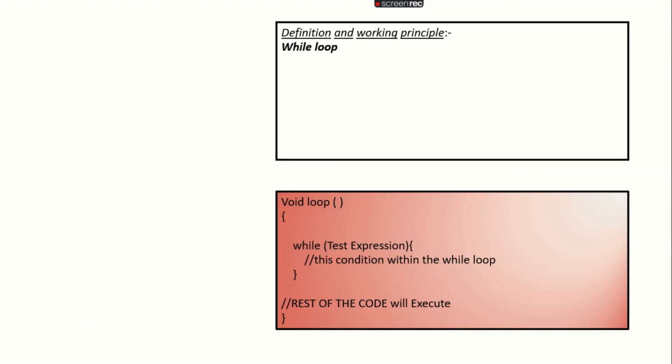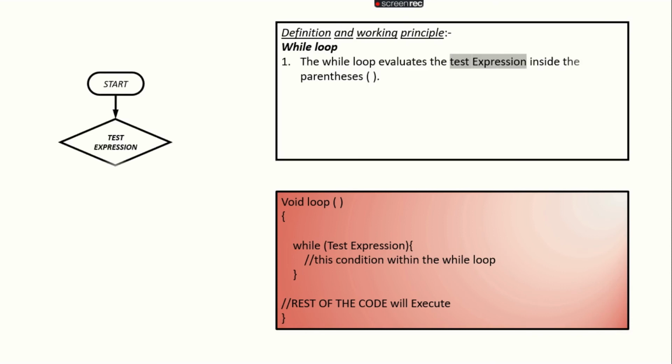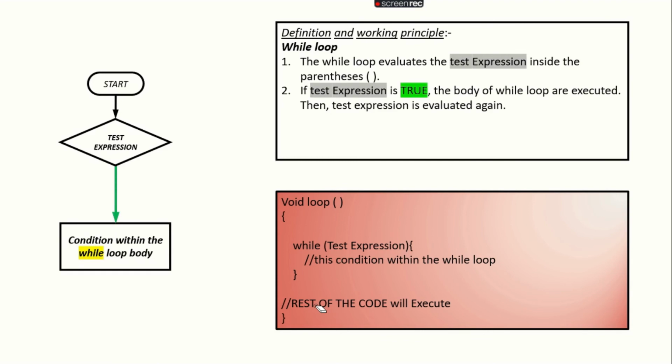So how does it work? At first, when the program starts, the while loop evaluates the test expression inside the parentheses. If the test expression becomes true, the body of the while loop is executed, and then the test expression is evaluated again.